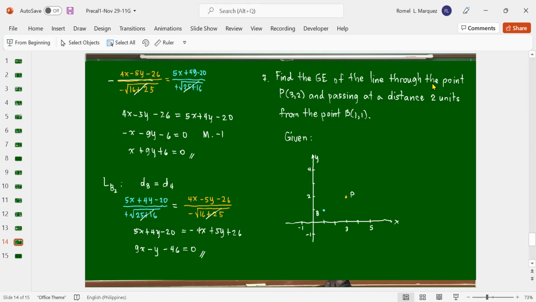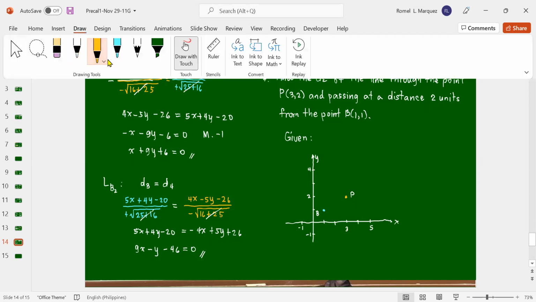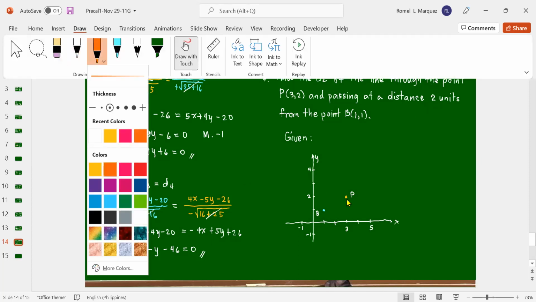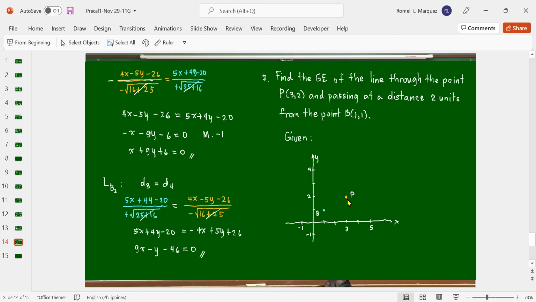Now I have a line passing through the point 3, 2. It will pass through this point P. And also, as it passes, the distance of this line through P is 2 units from the point 1, 1. Okay, guys?